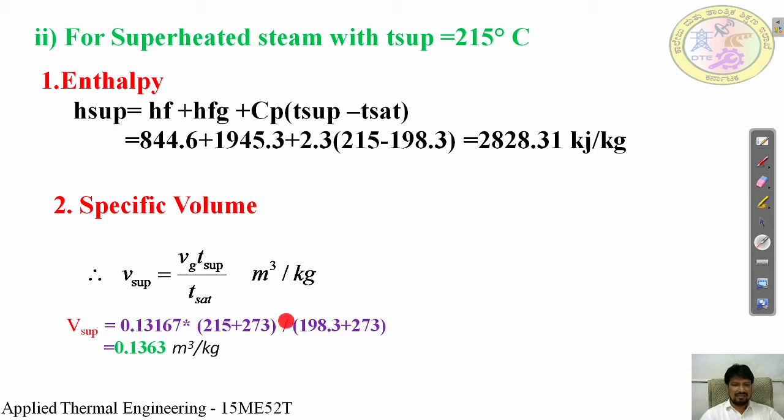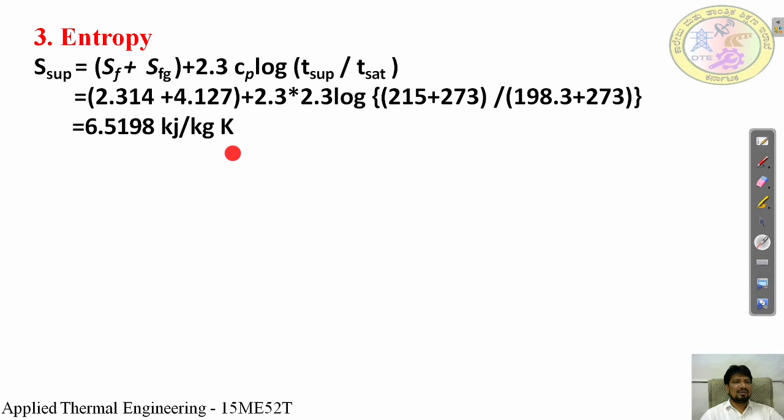After calculation, you will get 0.1363. So this is the value for the specific volume of superheated steam.